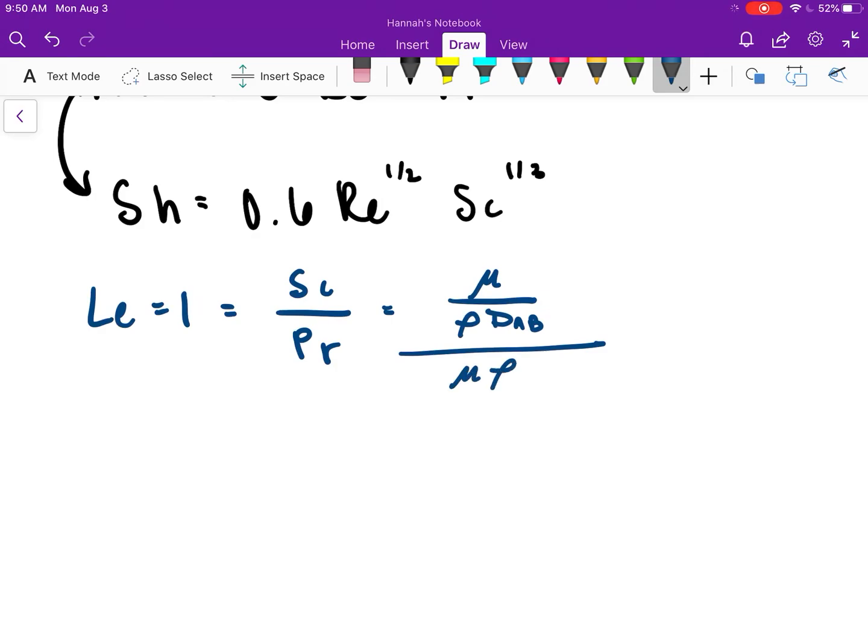Which is just equal to the thermal conductivity over the density times the heat capacity.